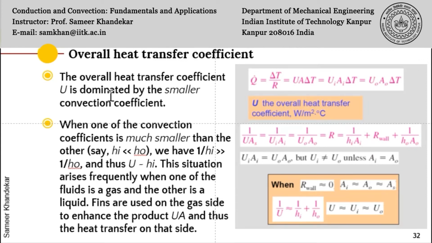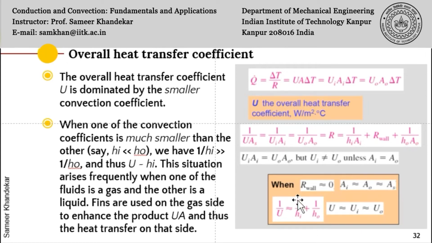The overall heat transfer coefficient is dominated by the smaller convection coefficient. So you can see here, let us say you have air on the outside and a very fast flowing fluid, or water, inside at a very high Reynolds number. So naturally this hi will be very high. When hi is high as compared to ho, there may be an order of magnitude difference also.